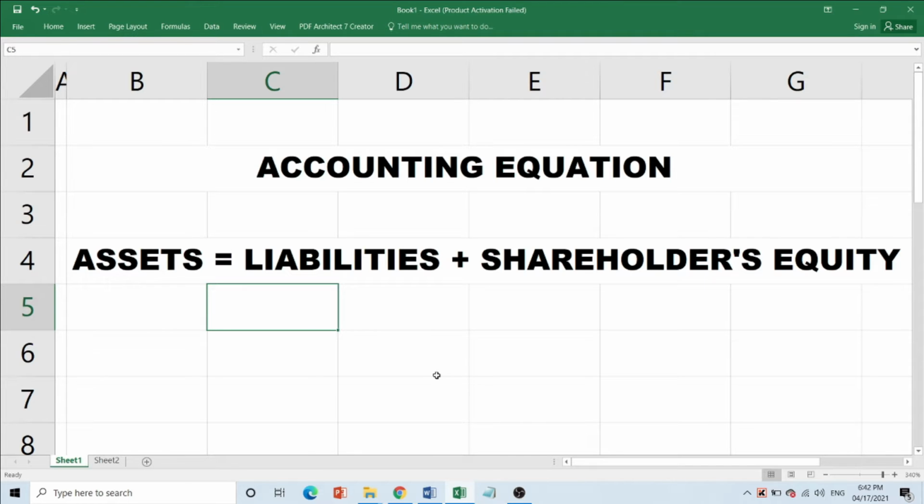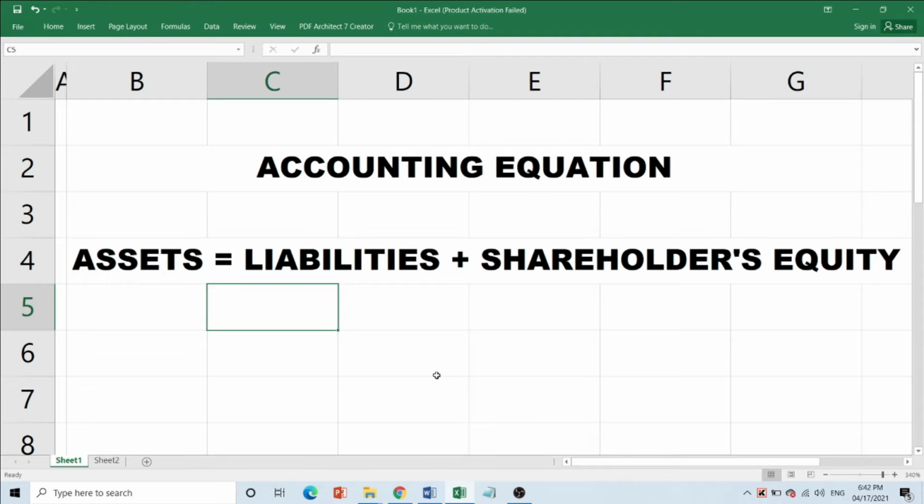For every change to an asset account, there must be an equal change to a related liability or shareholders' equity account. Or kung hindi naman po, pwede namang hindi maapektuhan si liabilities at si shareholders' equity, but then an increase in assets must also have a decrease in assets in order for the accounting equation to still be equal.